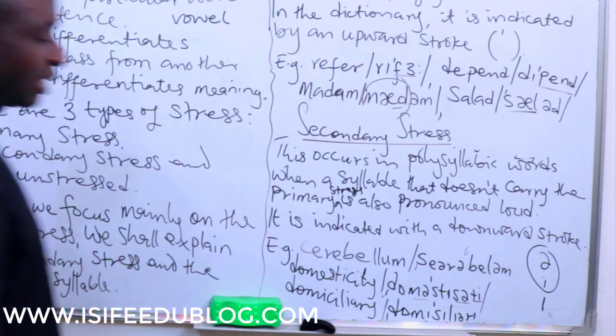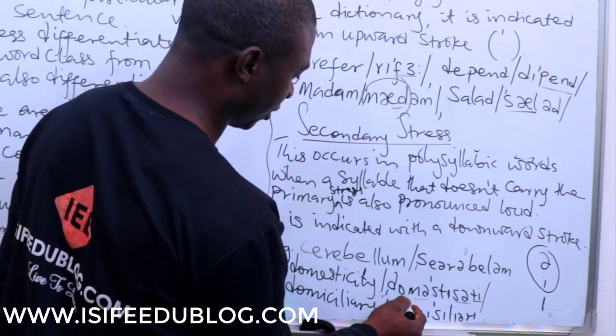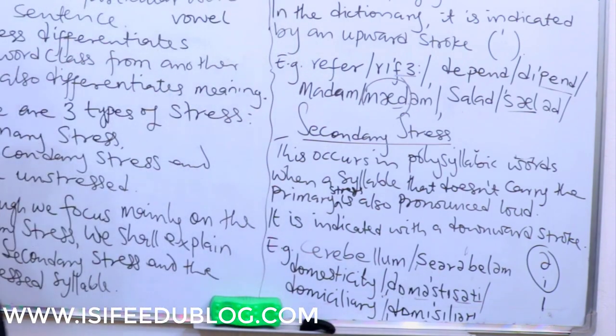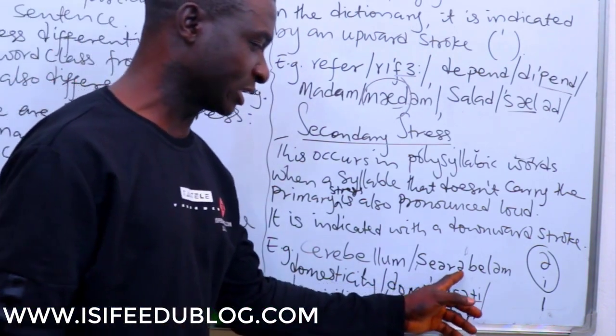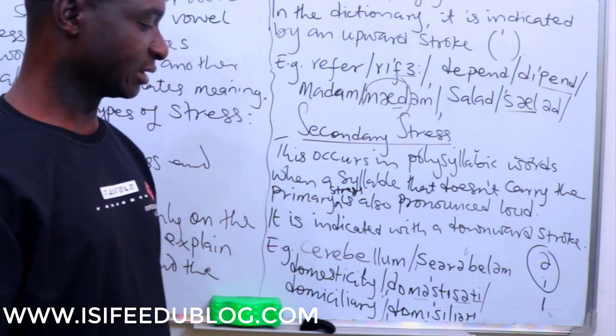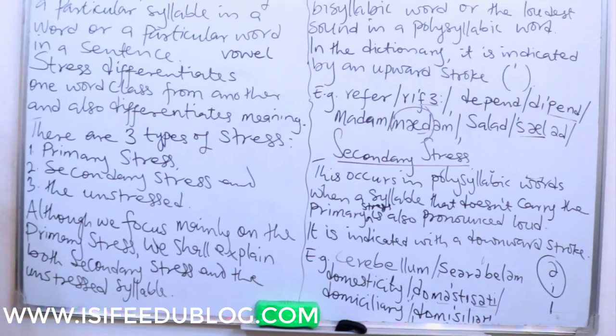So, you can see that this is the short vowel, and all of these sounds did not metamorphose into the schwa sound or the weak E. They are retained because they are strong, though not as strong as the primary stress.